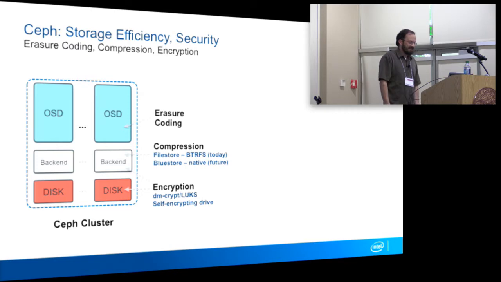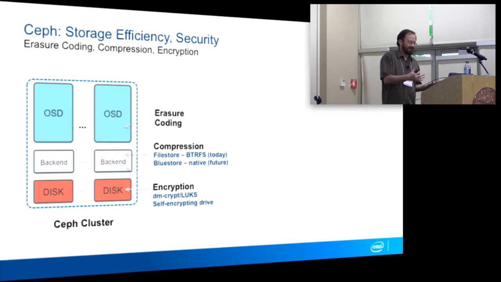And then, where you do the erasure coding and compression, you can do it at various stages. Of course, compression you could do anywhere probably, but where it's built into Ceph is in the backend store. And then you can do it in multiple places there. You could do it in the file store, of course, or you can do it natively in BlueStore.